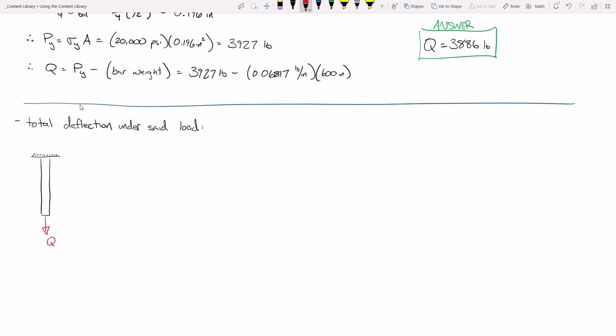Here's the bar, and the free body diagram indicates that there is a load Q applied at the tip. But this isn't enough to fully encapsulate the load applied to this system. See, I propose there is another load acting downward, W of x. And I propose that the longer the bar is, the more magnitude of load that's present.